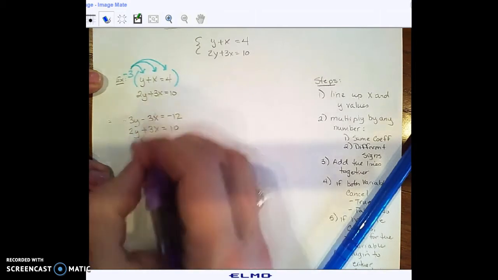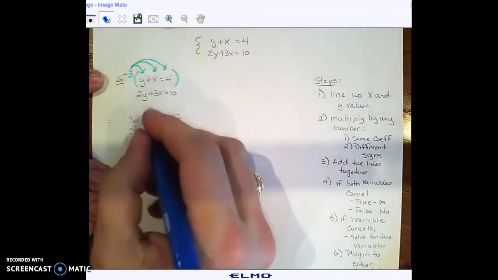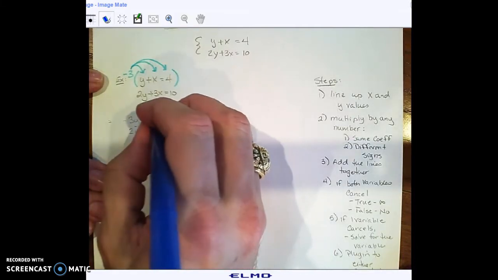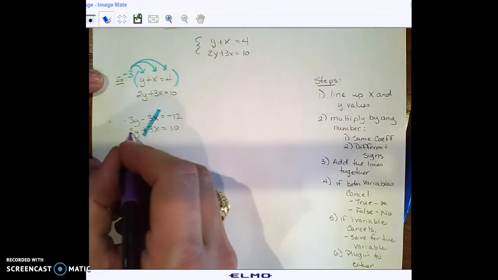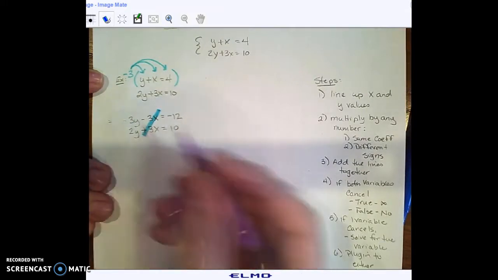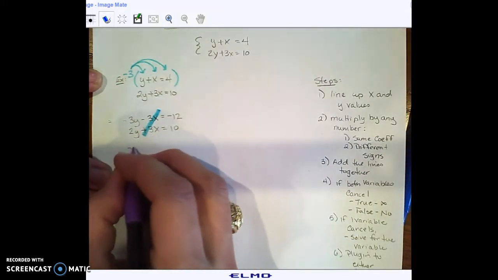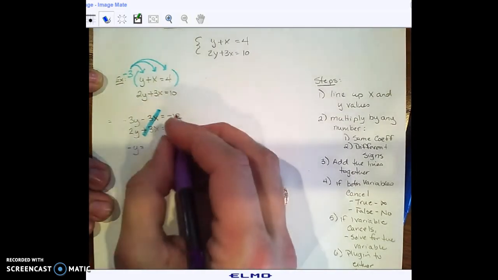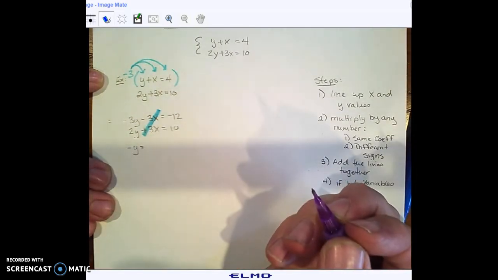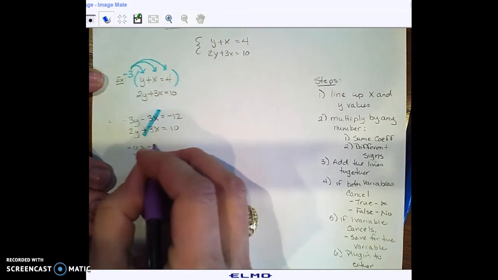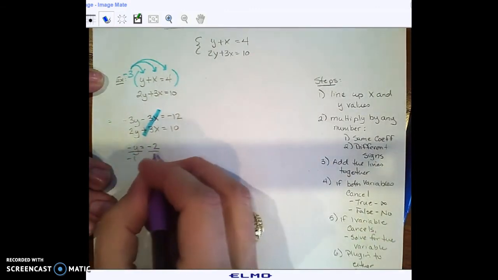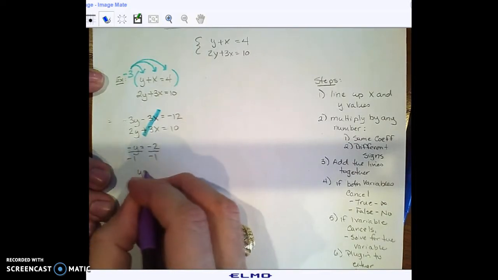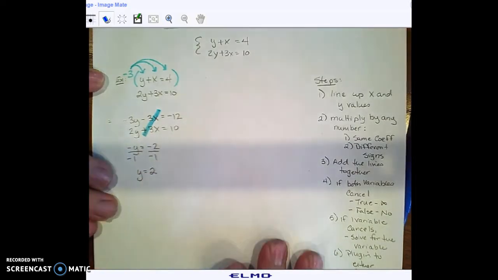Now you should notice what's going to happen here. Notice that I've got this negative and this positive. These are going to cancel out. Adding these numbers together, negative 3y plus 2y gives me a negative y. And negative 12 plus 10 gives me negative 2. Solving, divide by negative 1, should give me y is equal to the positive number 2.